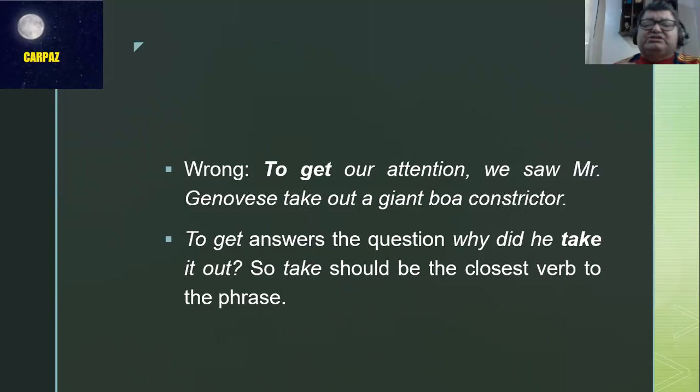And in this case, to get our attention is close to we. That's why it's incorrect. It's a dangling modifier. It should be close to the verb. And what's the verb? It's modifying take, because it tells us why Mr. Genovese took the giant boa out.